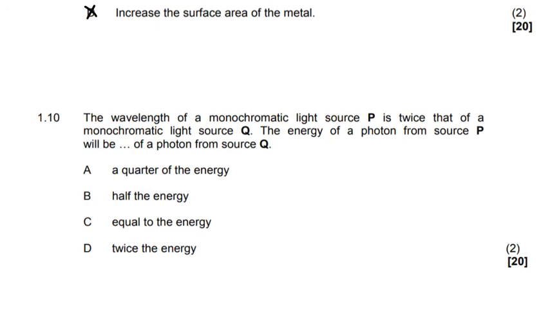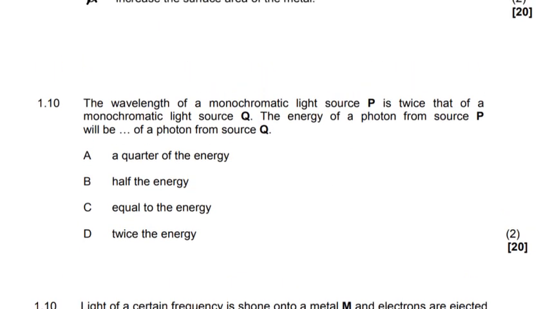So in 2016 they said: the wavelength of a monochromatic light source P is twice that of a monochromatic light source Q. The energy of a photon from source P will be what, compared to a photon from source Q? If you are wondering what the word monochromatic means, mono means one.